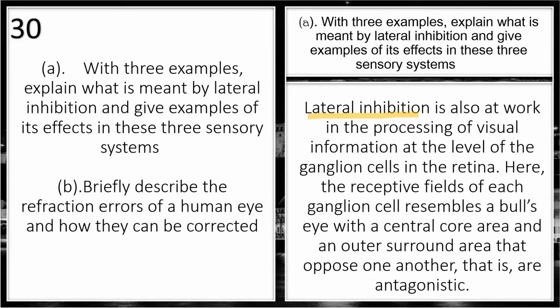Lateral inhibition is also at work in the processing of visual information at the level of the ganglion cells in the retina. Here, the receptive field of each ganglion cell resembles a bull's eye, with a central core area and an outer surrounding area that oppose one another, that is, are antagonistic.